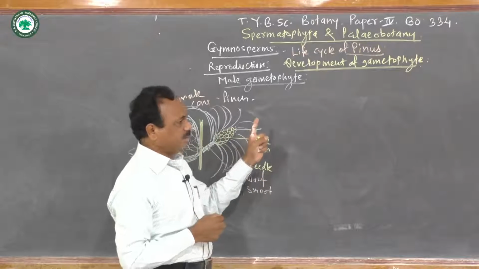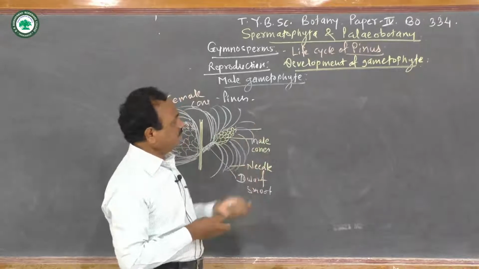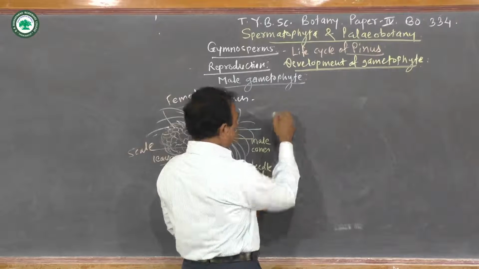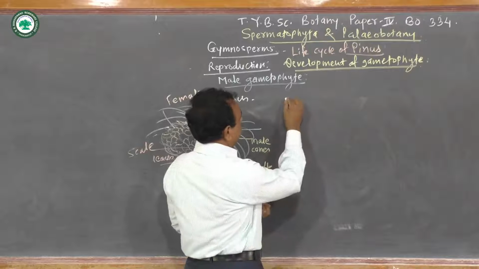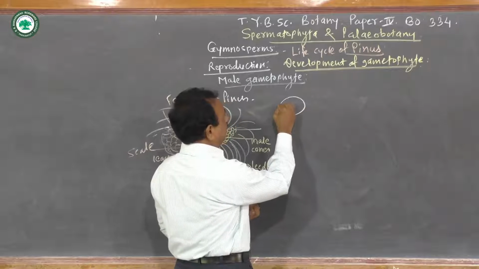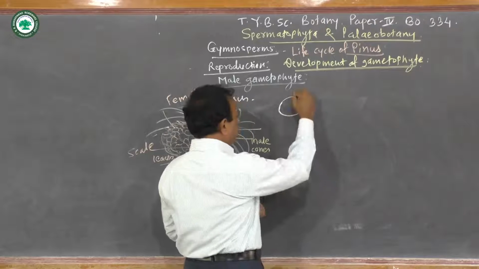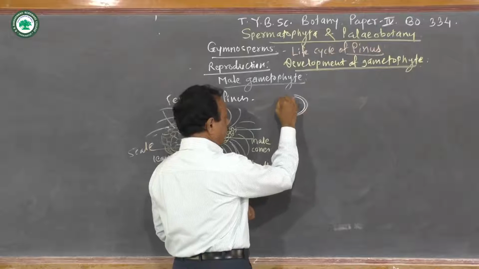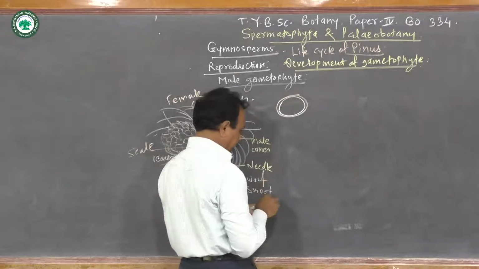Before the pollination, if we see this pollen grain, it has two walls: the outer wall is known as the exine, and the inner wall is known as the entine.